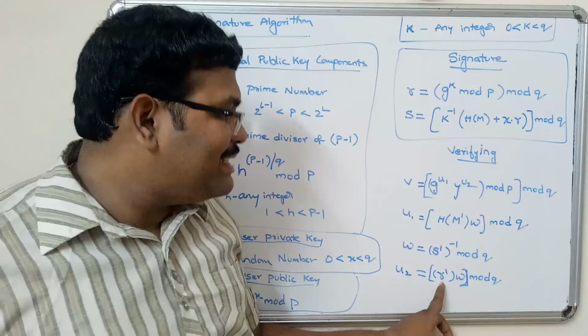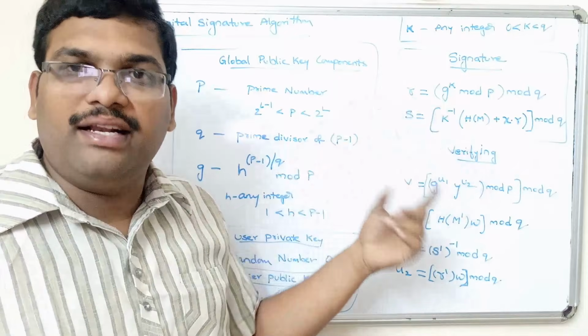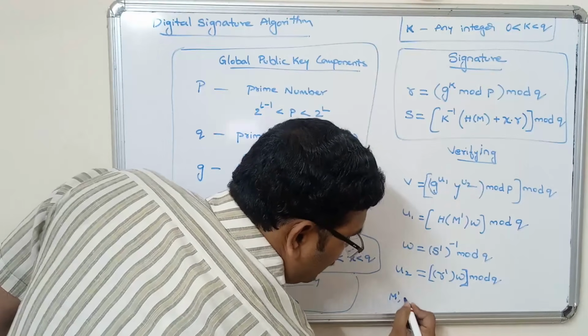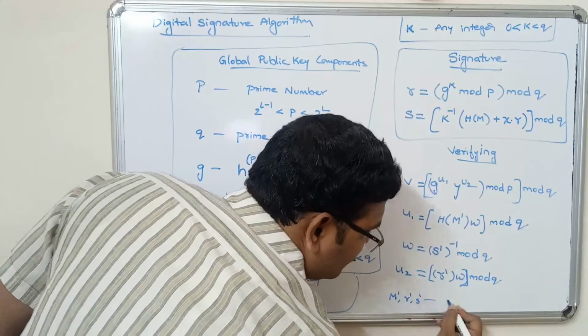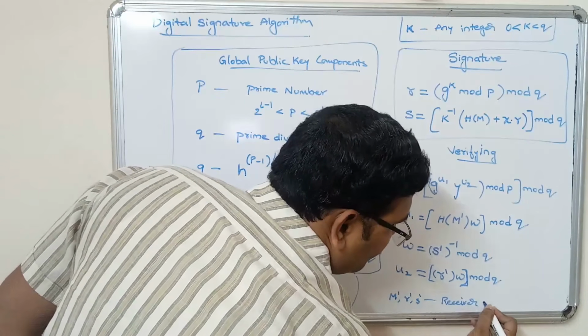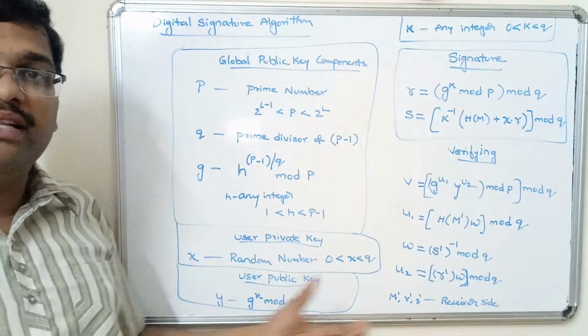Here R dash is a signature component which is received at the receiver side. So M dash, R dash, S dash are the message and signature components which are received at the receiver.